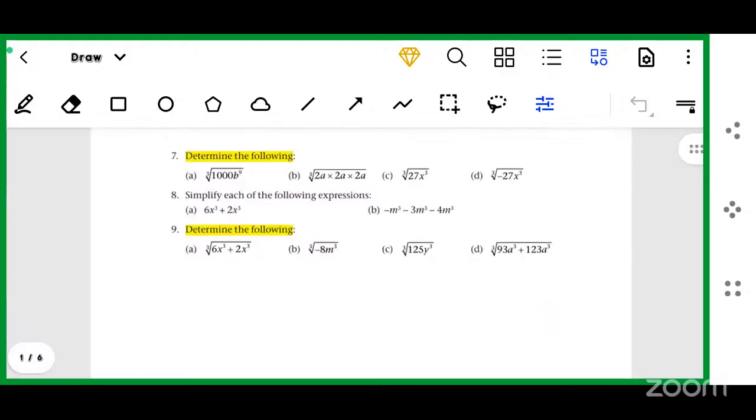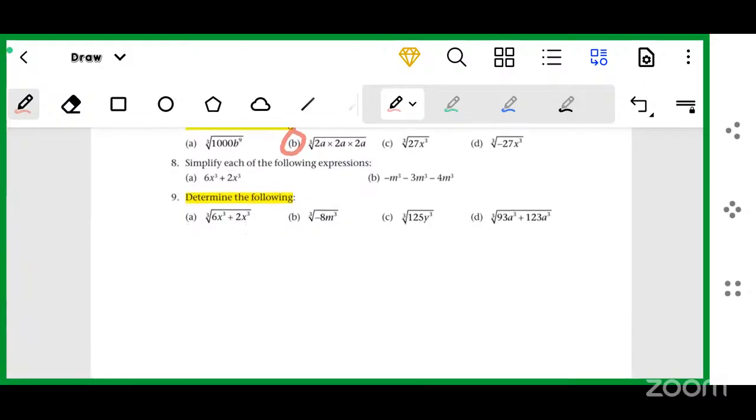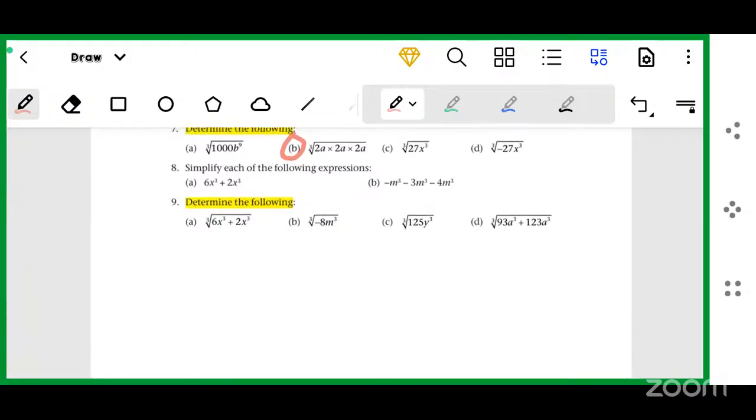So alphabetically, Manahil, do you think you can work out B for me? So it's this one. Just let me know what you were going to write. Ma'am, you are first going to times the 2 times 2 times 2, which is 16.